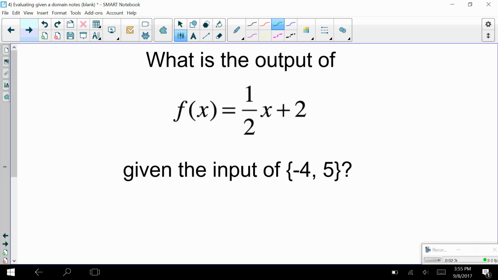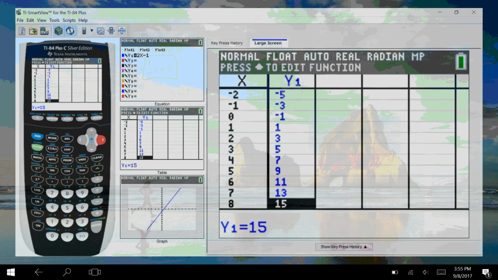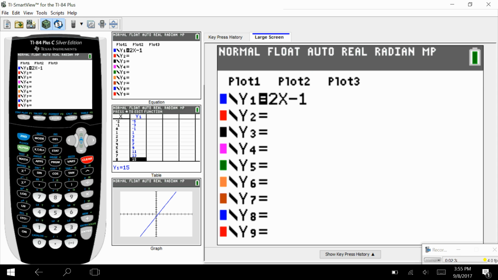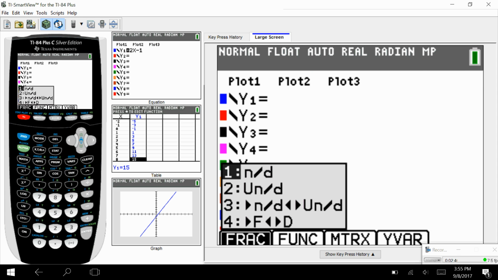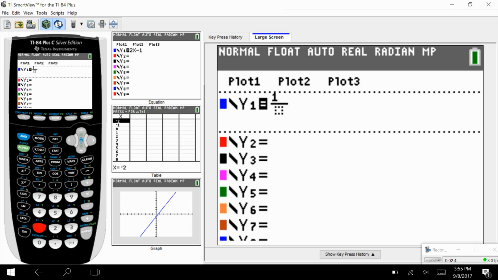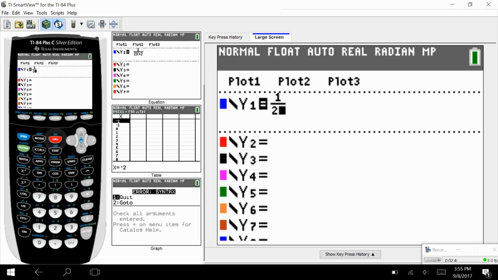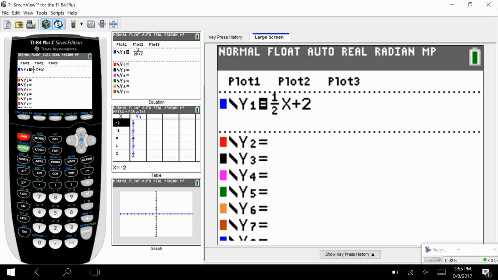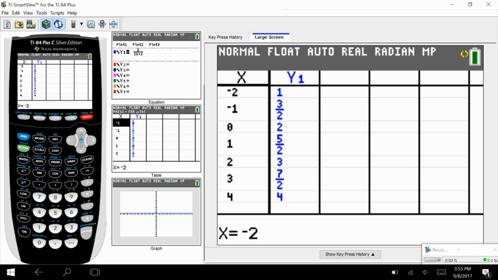And the last one, f of x, so we're going to put 1/2 x plus 2 into our calculator. We go to our table by hitting second graph.